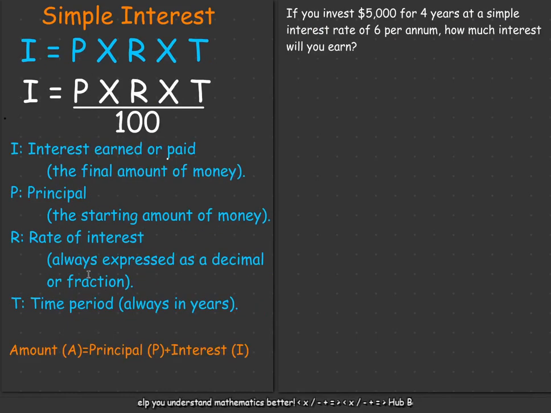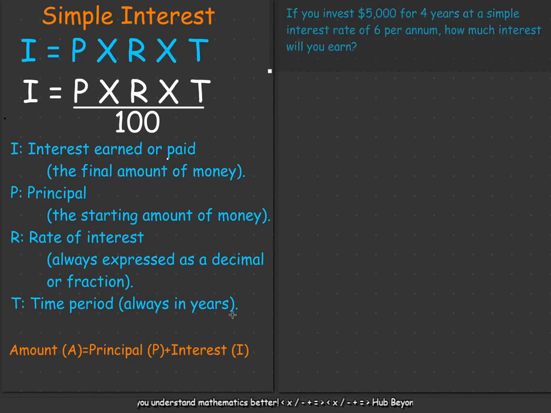Let's look at this first question, which asks: if you invest $5,000 for 4 years at a simple interest rate of 6 per annum, how much interest will you earn?